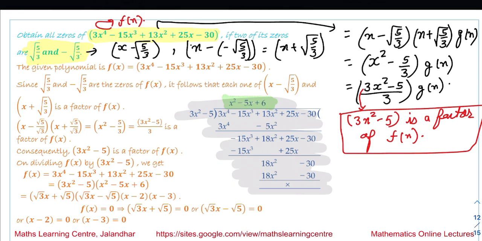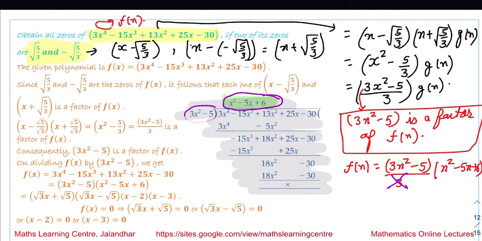So it means that f(x) is equal to (3x² - 5) into (x² - 5x + 6). We need not write this 3 over here because of the division we are performing. So f(x) will be equal to this value.